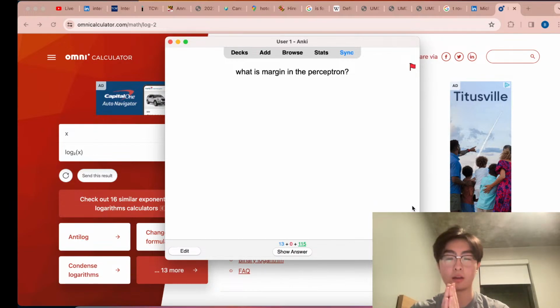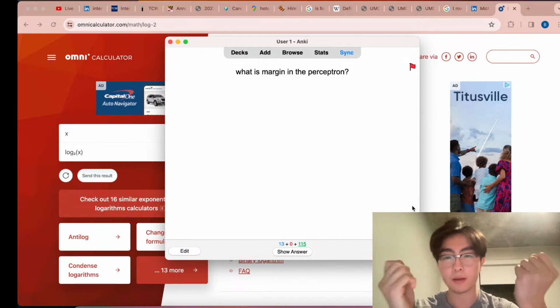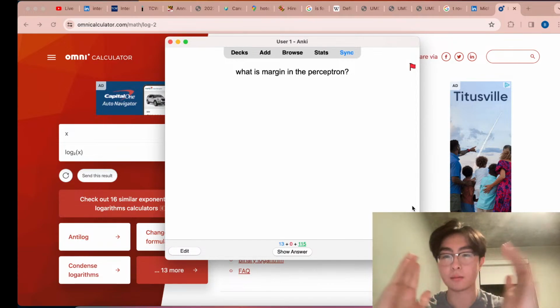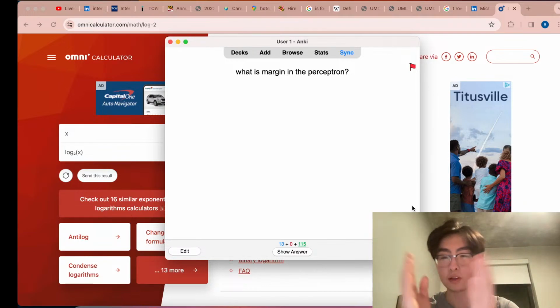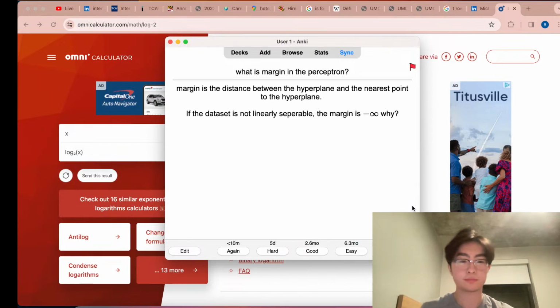I think a good way of thinking about it is that higher margin means less prone to overfitting, because you have more room to work with. Is that all there is to it?